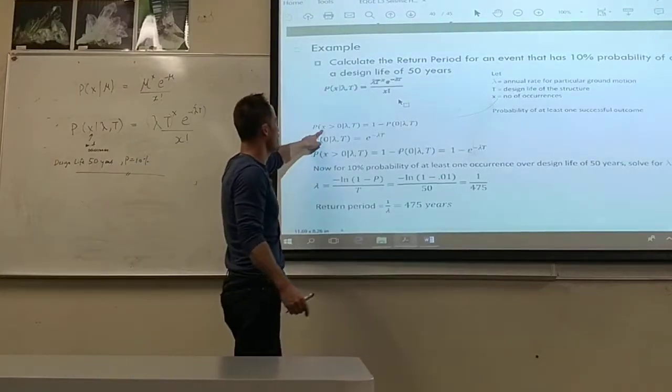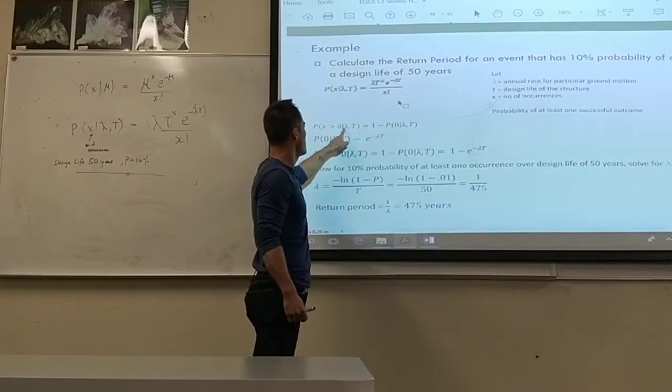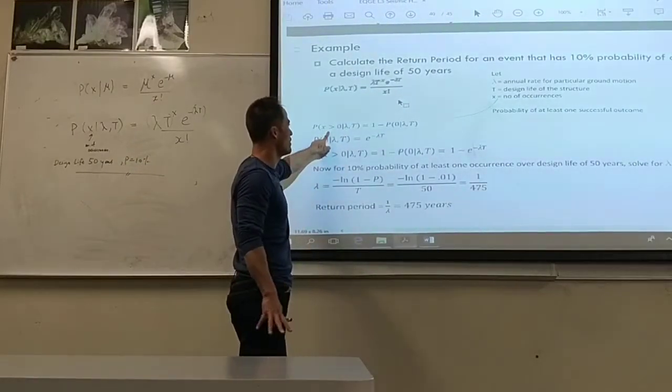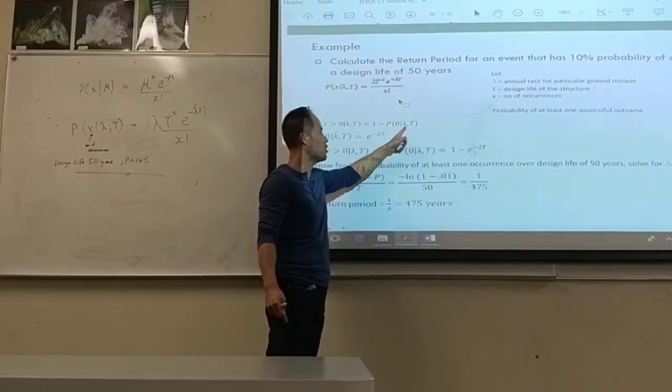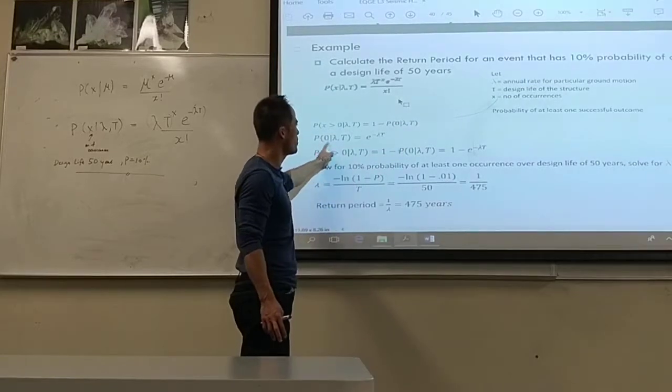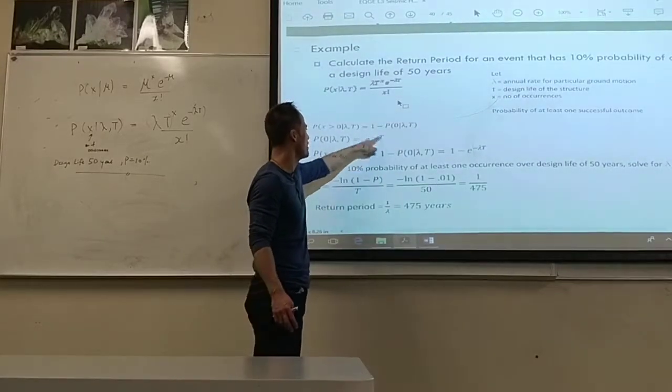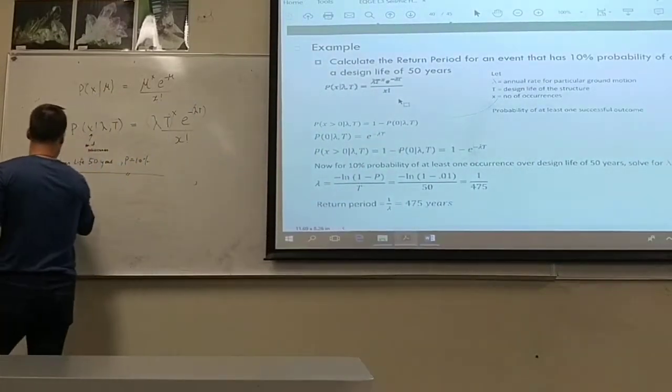So the probability of at least one event, okay, is 1 minus the probability of no events occurring. The probability of no events occurring is that. So how do we get that probability of no events occurring?